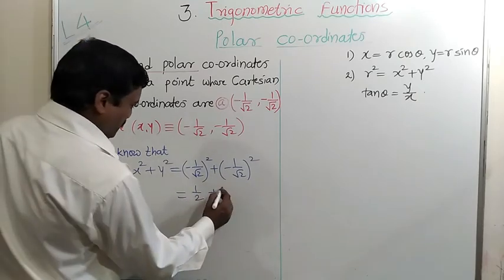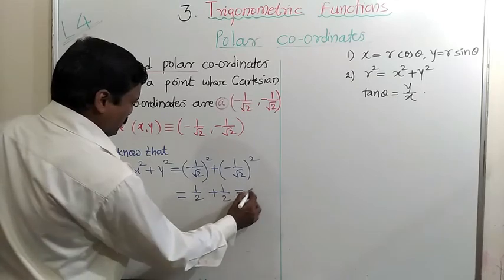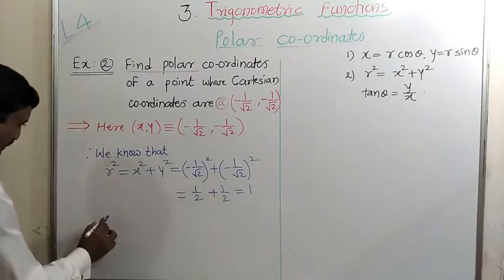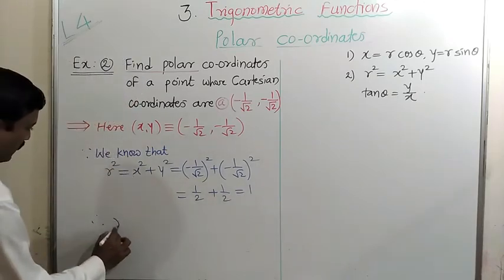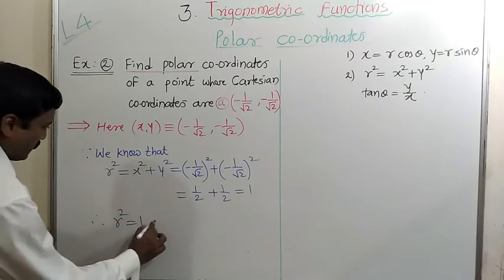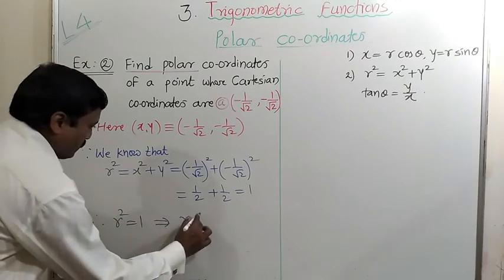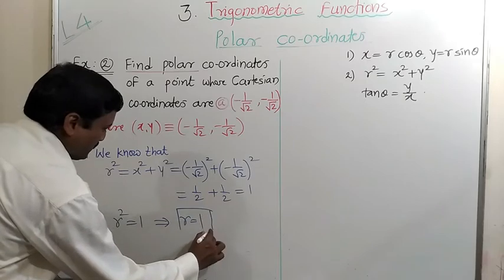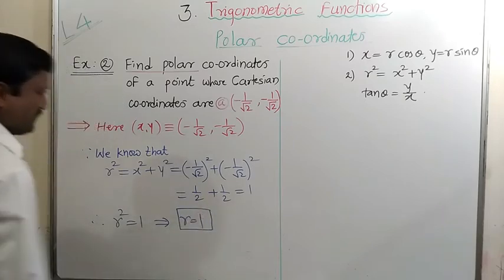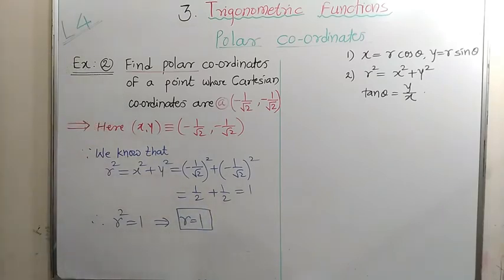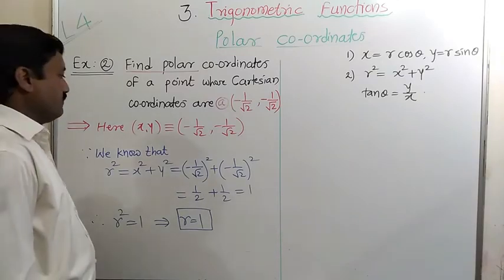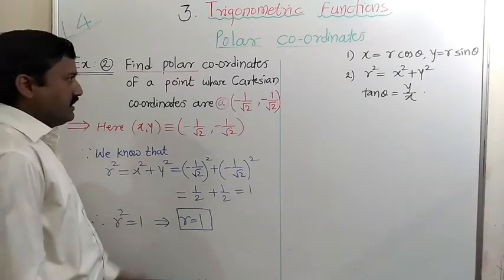The square of each is half, so it is equal to 1. Therefore r square equals 1, which implies r equals 1, because r is the magnitude and is always positive. So this is our first polar coordinate, r.